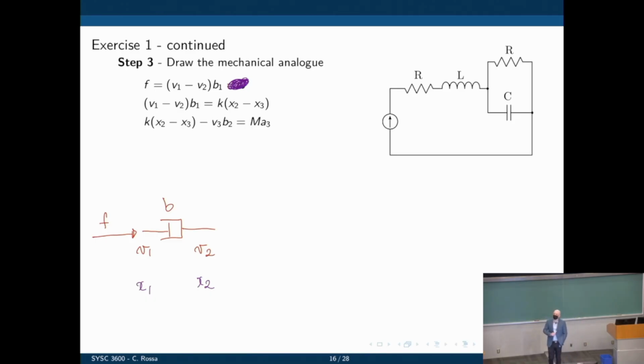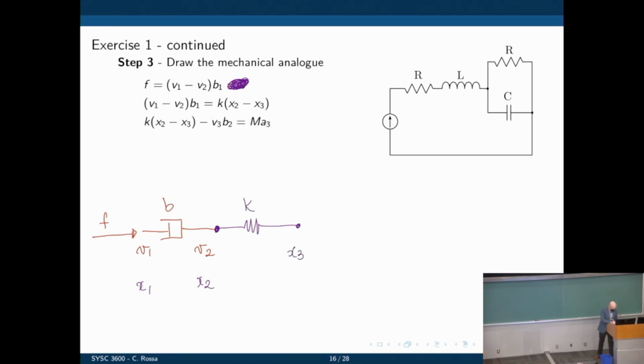Now let's move on to equation 2. Notice that equation 1 created this first degree of freedom, V1 and V2. Now the second equation is telling us that there is another node in the system where the force of that damper equates to the force developed by a spring. And that has got to be right there. There is a spring attached to it. On one side of the spring, we have x2. Well, that's what we just had there. The other side of the spring, we have x3.